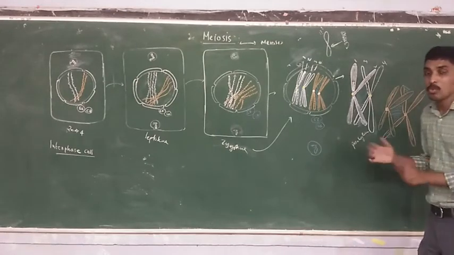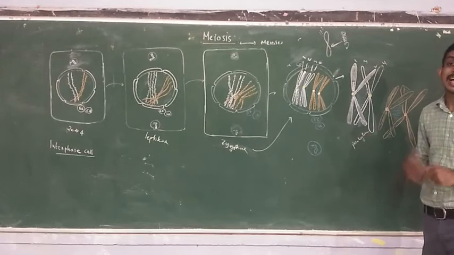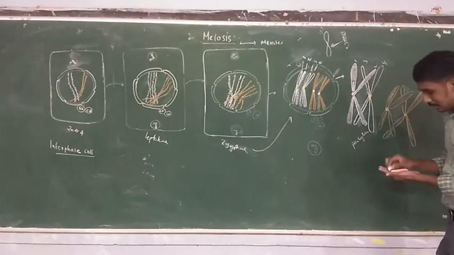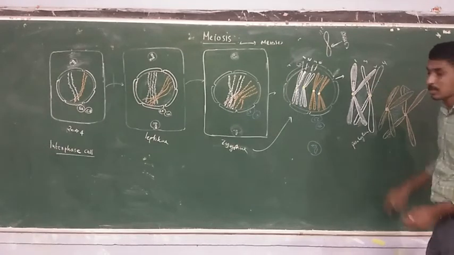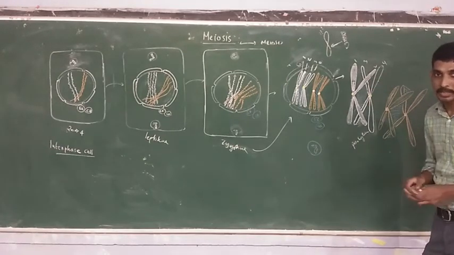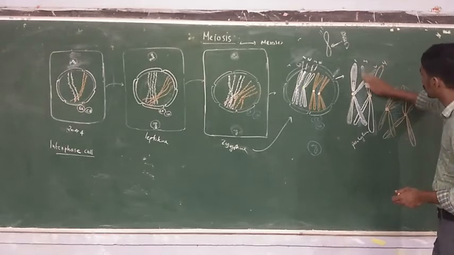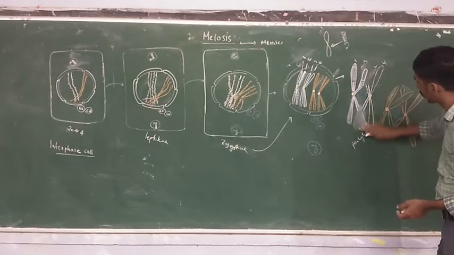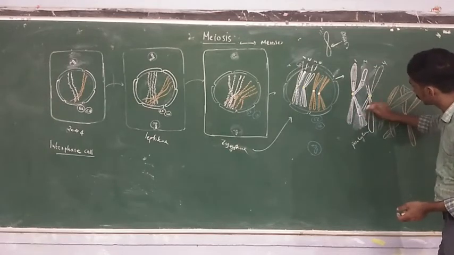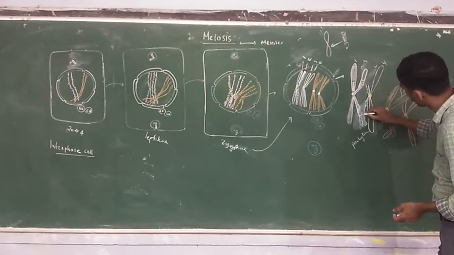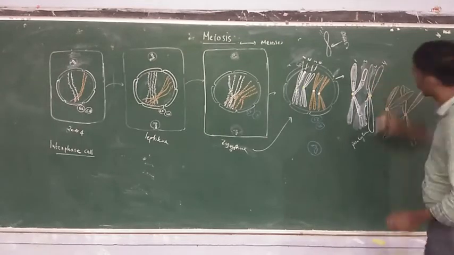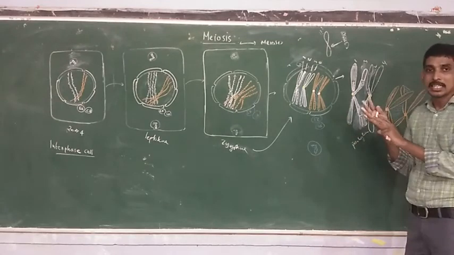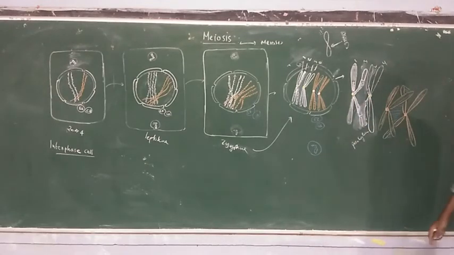And when we move into the last stage, called diakinesis, the X-shaped structure called chiasmata completely disappears and the chromosome will be like this. They have exchanged their chromosomal segments completely. So terminalization of chiasmata occurs.